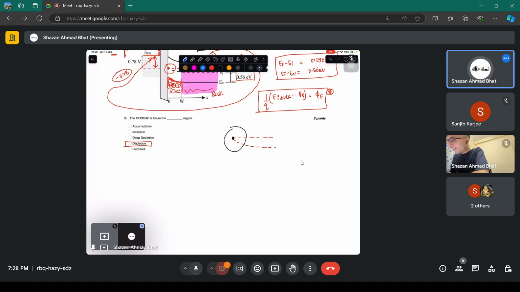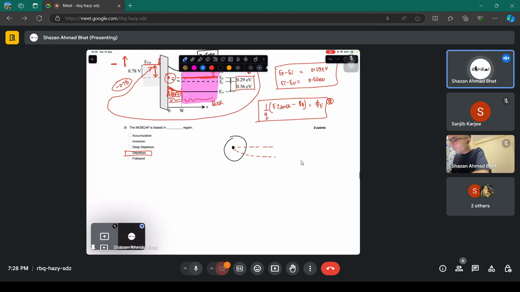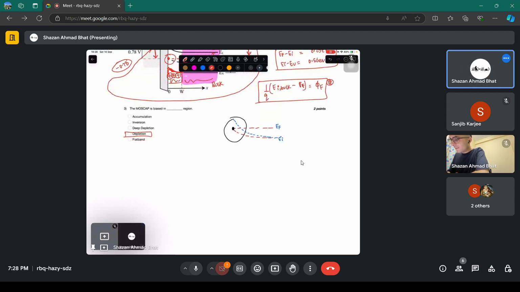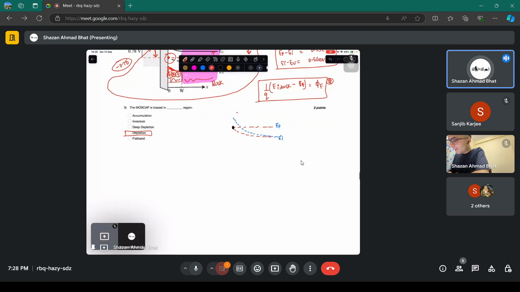At this particular point, if the Fermi level goes below the intrinsic level, if the intrinsic level would have been like this, this is intrinsic, this is Fermi, now the bluer one is the indication of the inversion.